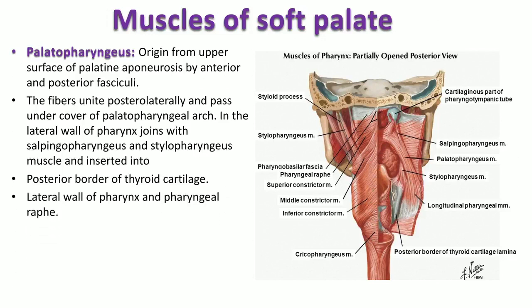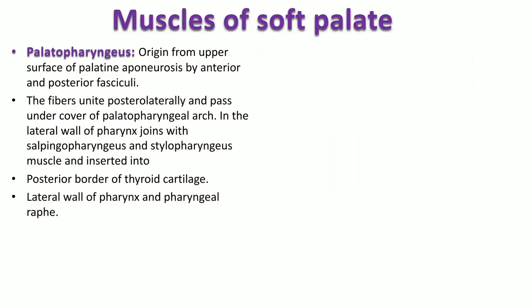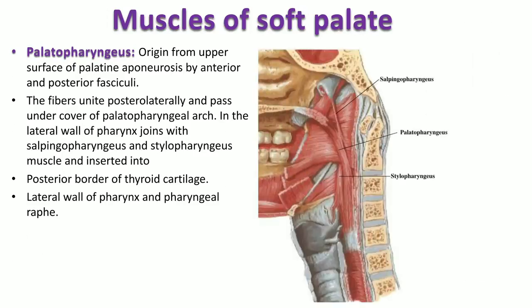Then some fibers pass backwards. Here you are able to see the palatopharyngeus along with the salpingopharyngeus and the stylopharyngeus getting inserted to the posterior lamina of the thyroid cartilage.